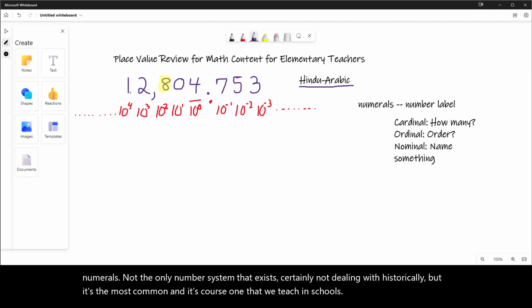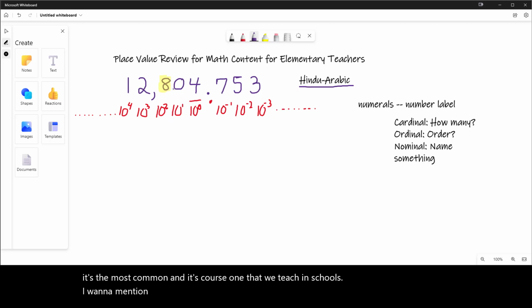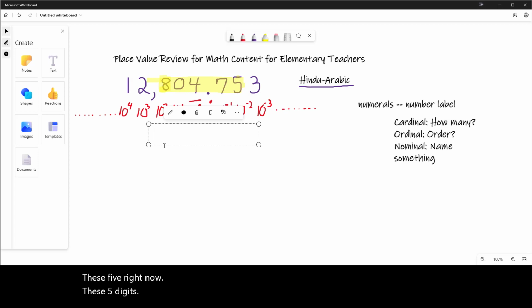I want to mention what these places are. There's some common misconceptions here. Let's look just at these 5 digits. The 8 is in what place?